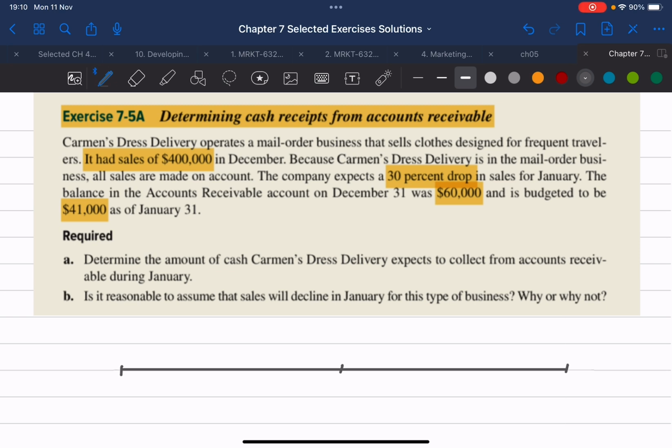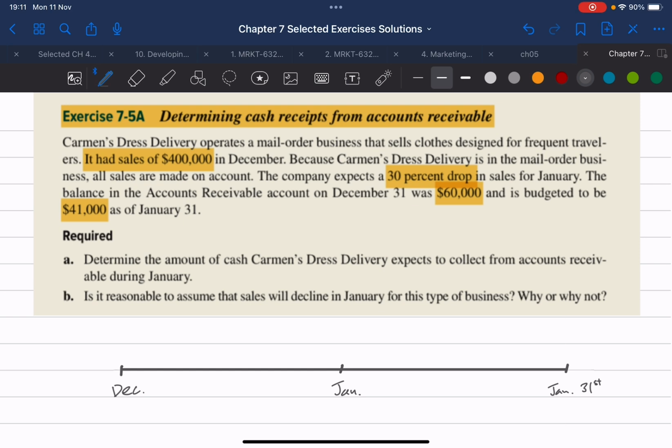Let's say the timeline starts on December, and then January, and then the end of January. So let's call it January 31st or the beginning of February. So the company had sales of $400,000 in December, and the question already told us that this particular business only ships their orders, so all of their sales are on account.